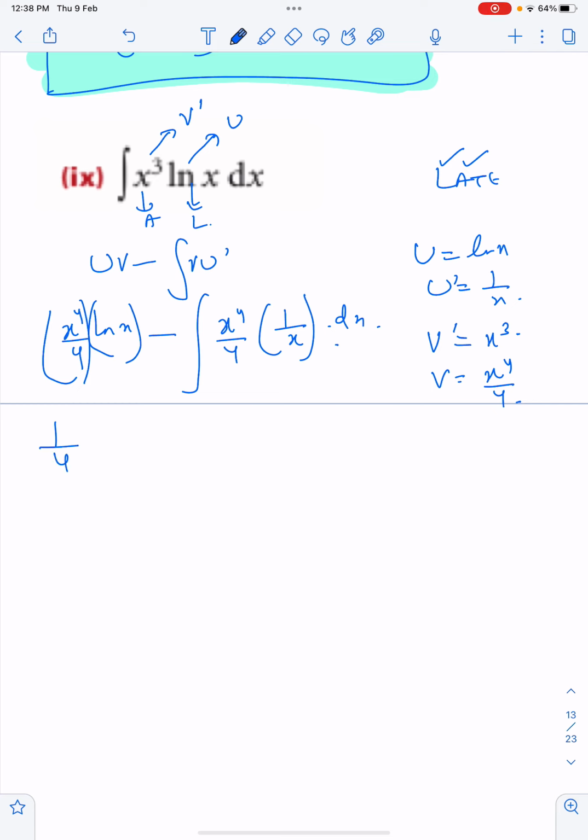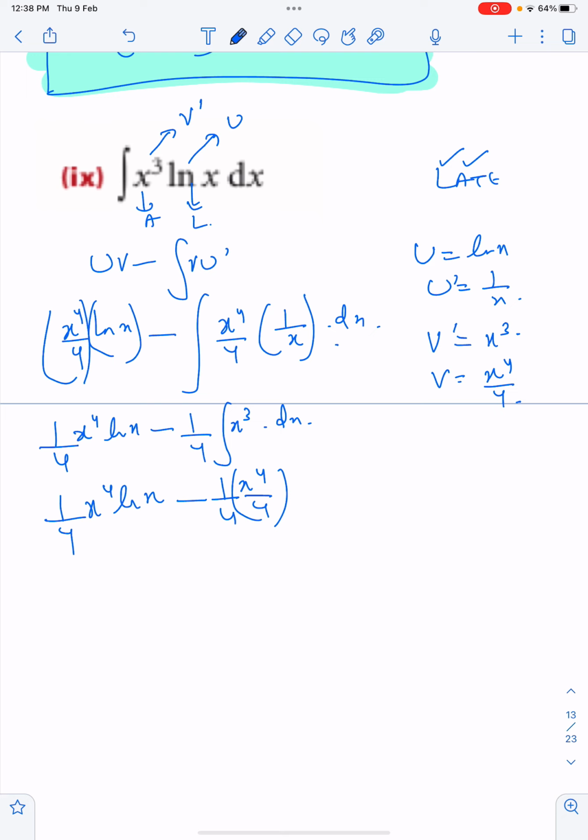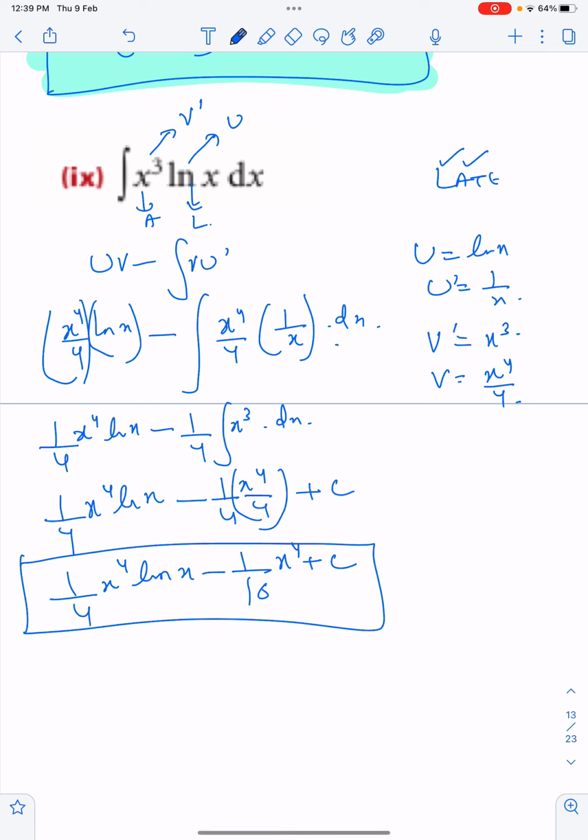I can write it as 1 upon 4 x to the power 4 ln x minus, 1 upon 4 I'm taking out as common, and x and x to the power 4 cancel out and you're left with x cubed. So 1 upon 4 x to the power 4 ln x minus 1 upon 4 times the integral of x cubed, which gives x to the power 4 upon 4, plus c. So the final answer is 1 upon 4 x to the power 4 ln x minus 1 upon 16 x to the power 4 plus c. This is the final answer to this question.